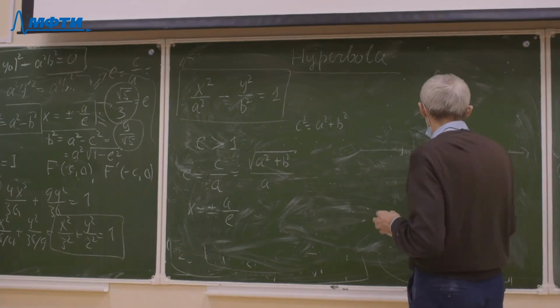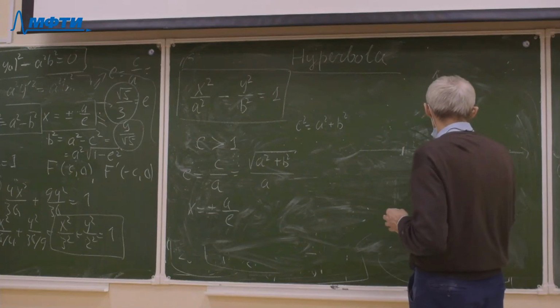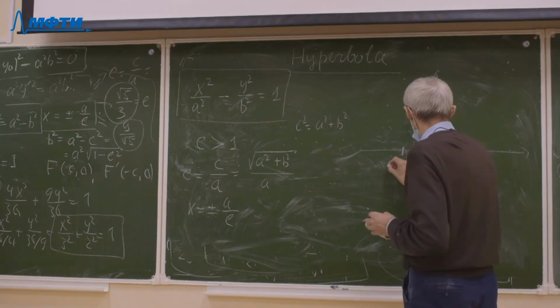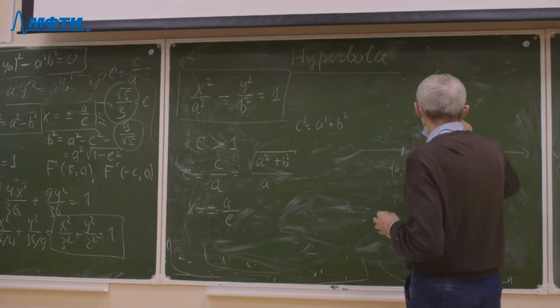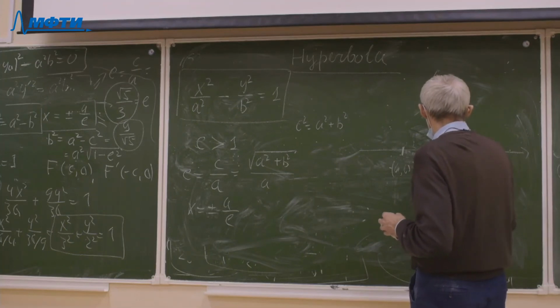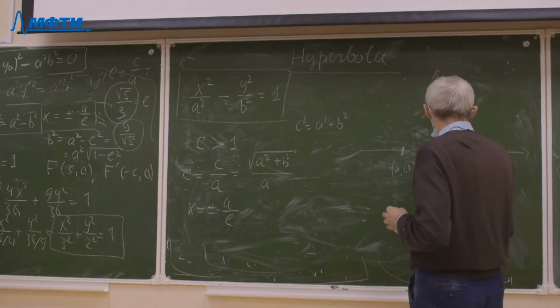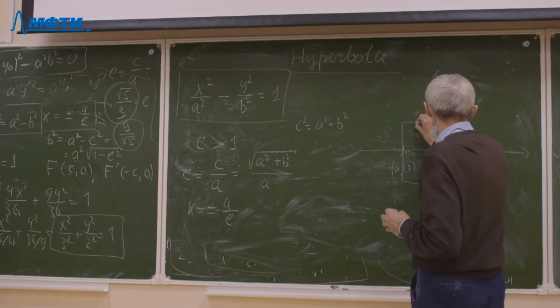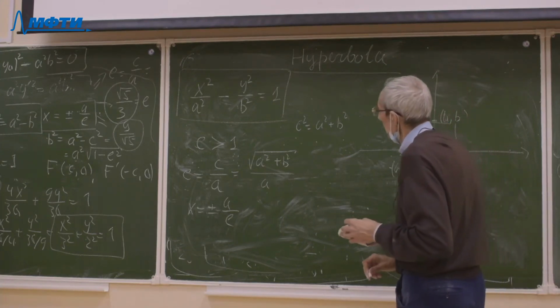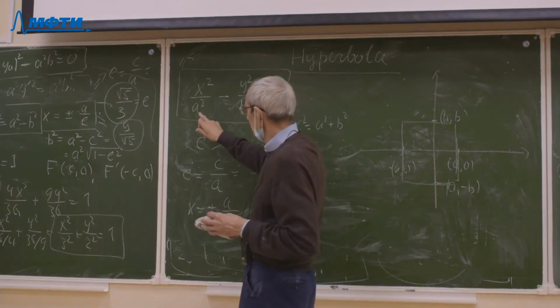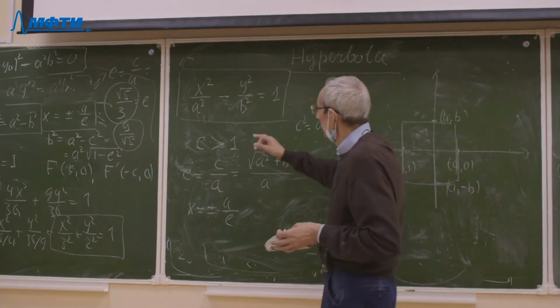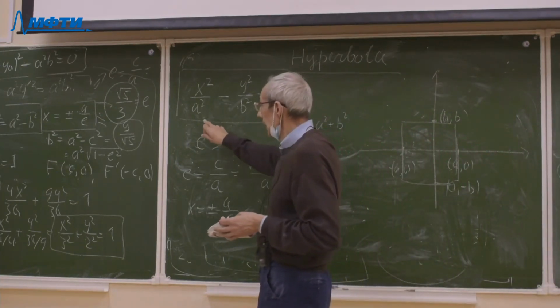We have the same point A prime, which has coordinates minus a, 0, and also we have the coordinates 0, b and 0, minus b, and we have the same rectangle. But in this case, the relation between a and b can be different. b can be greater than a.